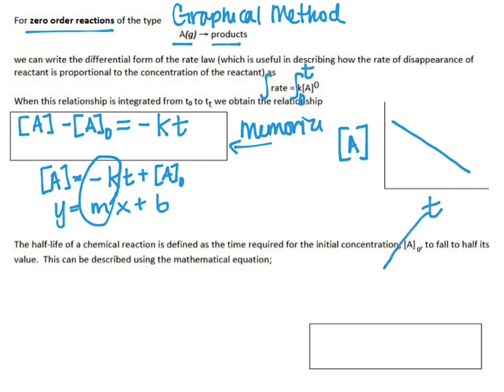But remember, k cannot be negative. You cannot have a negative rate constant. So you take the absolute value of your m, and that is equal to k. Our slope, in absolute value, is our rate constant.